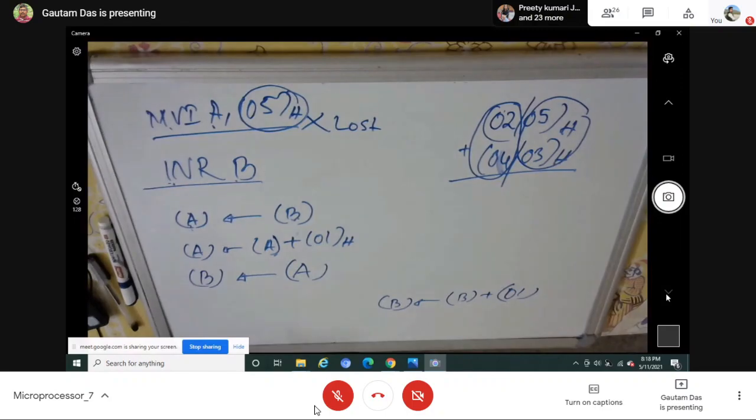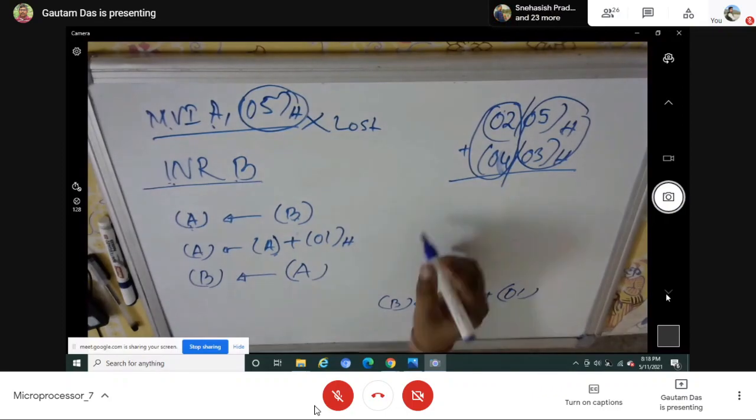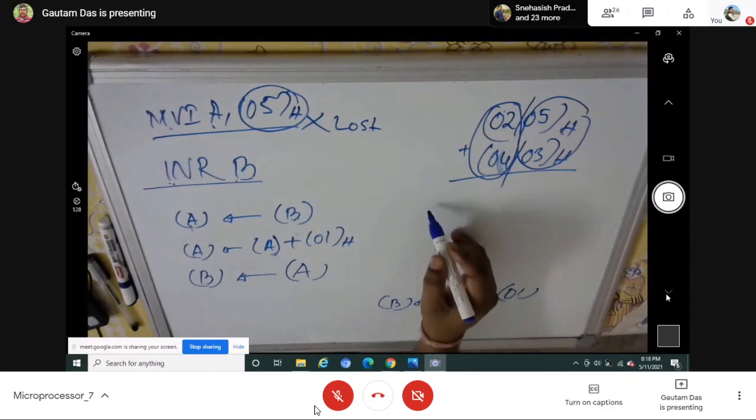Whenever I discuss the internal registers, whatever is available: accumulator, flag, B, C, D, E, HL, SP and PC, these are the registers. But besides this, remember the block diagram I drew for internal registers. First I wrote A, F, B, C, D, E, HL, then stack pointer, program counter. But besides these registers, another two internal registers are available, 8-bit registers in 8085 architecture.